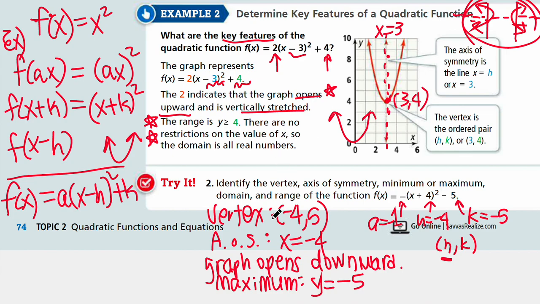Okay, and let's see, what did we not do? Domain and range. This is the first part of your answer, so I'm going to make a box around it.